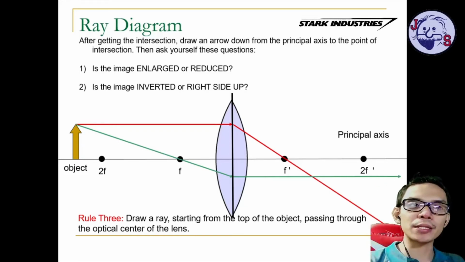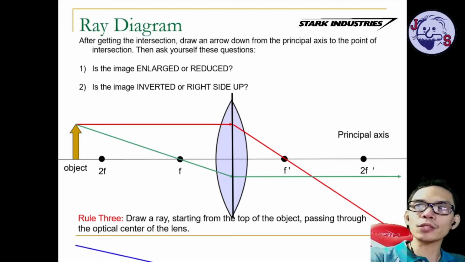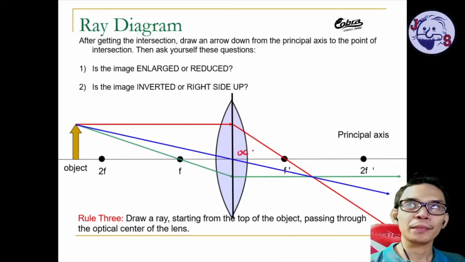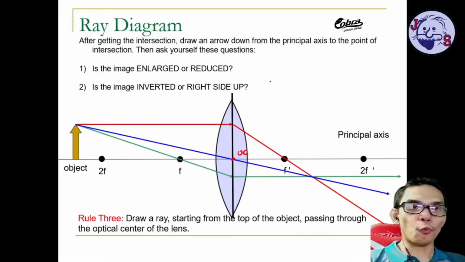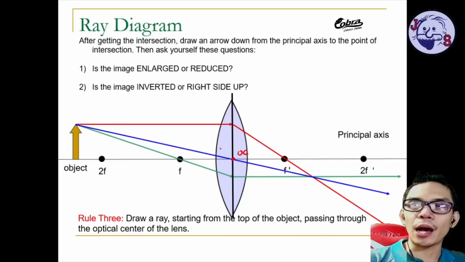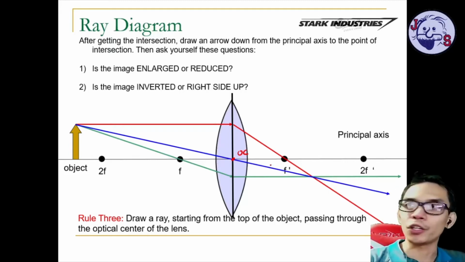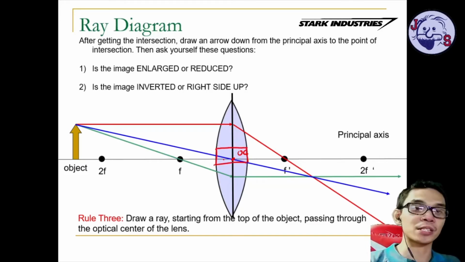So, how does the optical ray look like? It looks like this. So this is your optical center. Now, why is it that the light is not bent at the optical center? Because the optical center is a huge chunk of square block of glass.